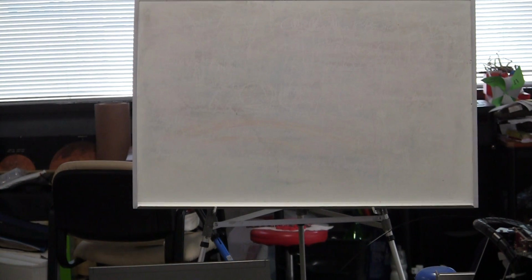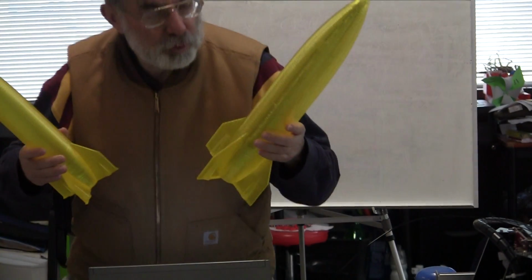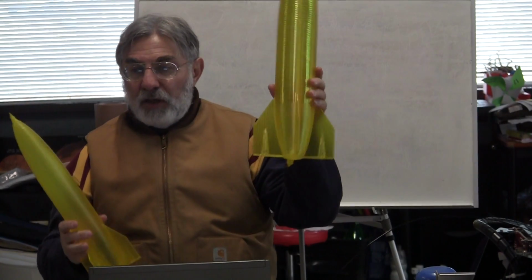Okay, I'll give you an example. This rocket was printed with a 0.5 millimeter nozzle, and the layer height was about 0.4 millimeter. This took about 10 to 12 hours.